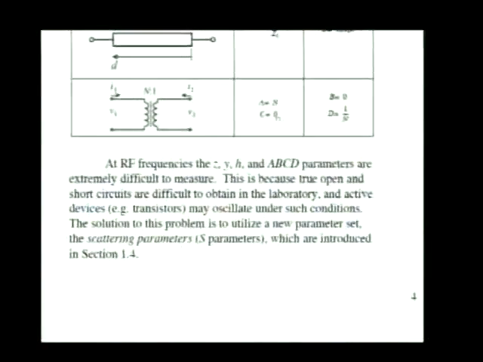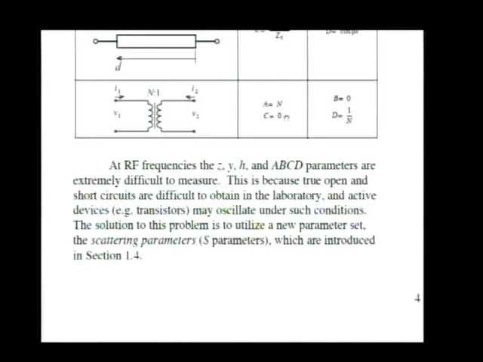All right. Now, enough said about the low-frequency parameter sets. We're going to talk about a parameter set that's of more use at high frequencies. The low-frequency parameter sets aren't appropriate at RF frequencies because they become very difficult to measure and may actually end up damaging the circuit that you're trying to measure if you measure them in their normal fashion.